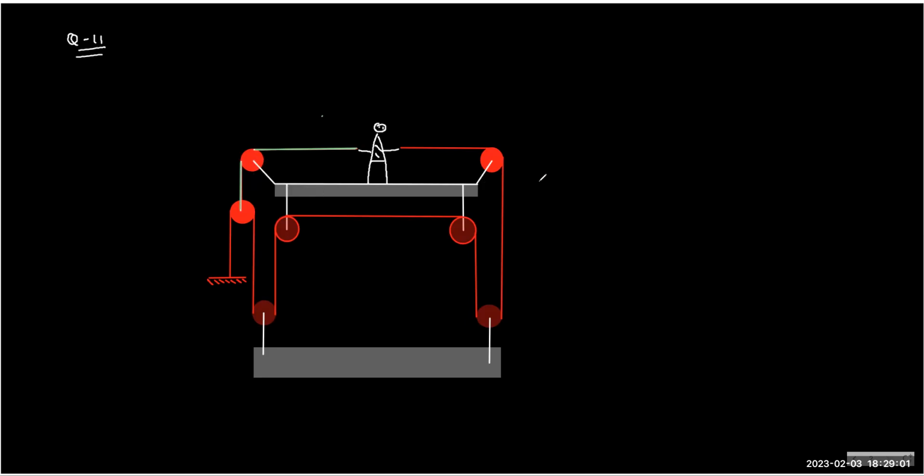You can see this is a single string. This is ending here, but this string is going from here till here, till here, till here. So actually we have two separate strings.